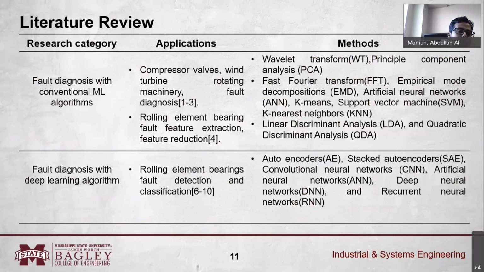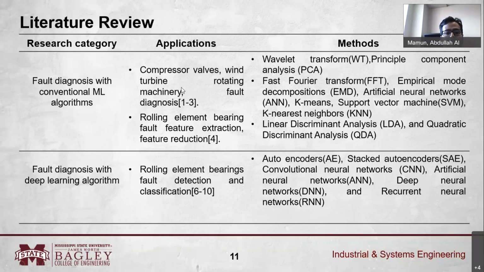If we go through some literature review about fault diagnosis, we categorize it into two major sections: fault diagnosis using machine learning algorithms, and fault diagnosis using deep learning algorithms. Though deep learning also comes from machine learning models, we categorize it separately as deep learning, which has been very popular nowadays.